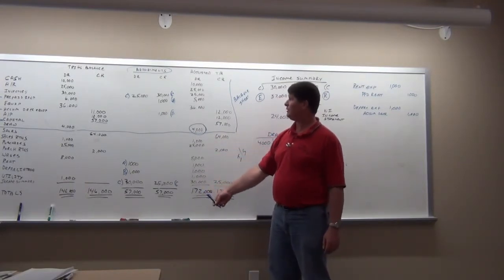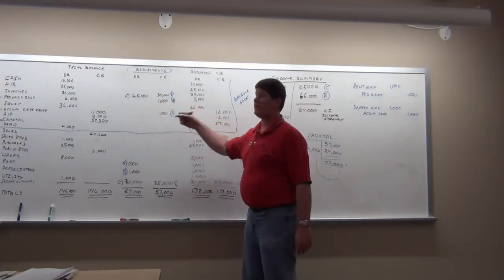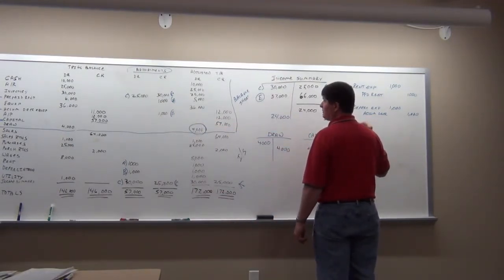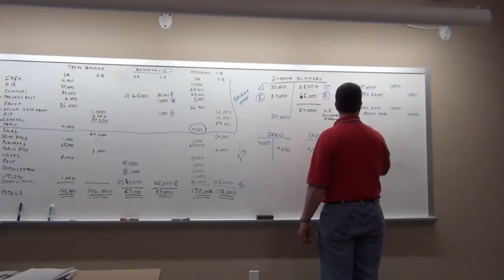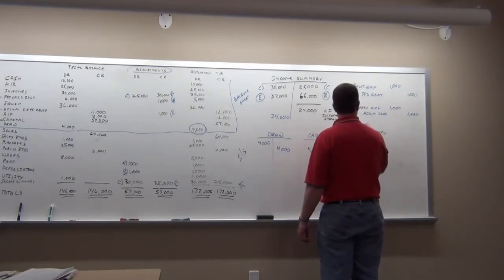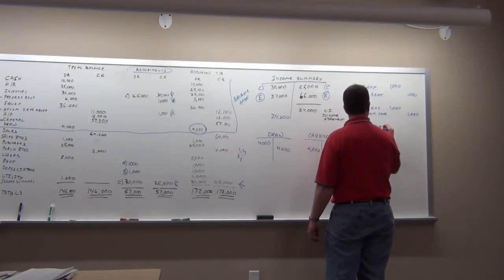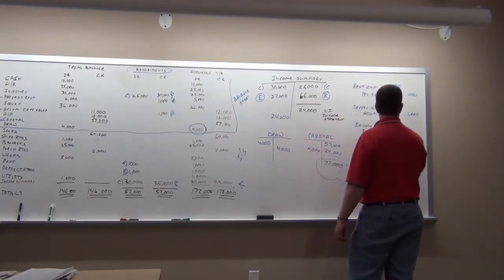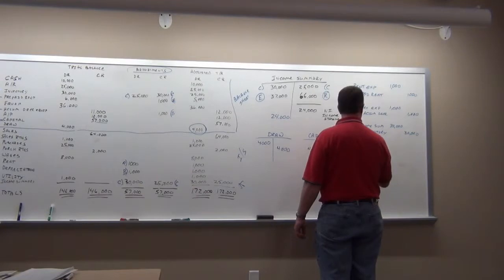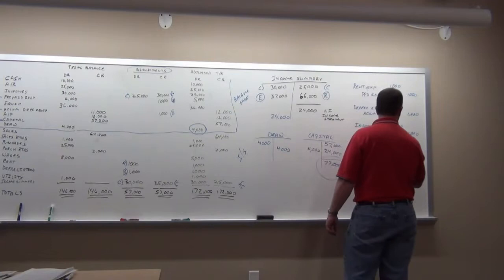Your third entry was the inventory entry. You've got a credit to inventory, a debit to income summary for $30,000, and then you've got a debit to inventory to add the ending inventory, and a credit to income summary for $25,000.